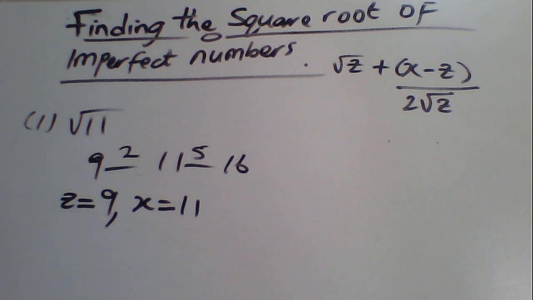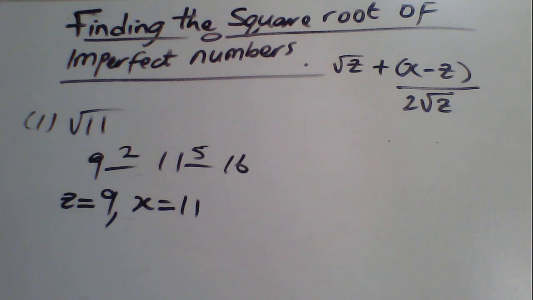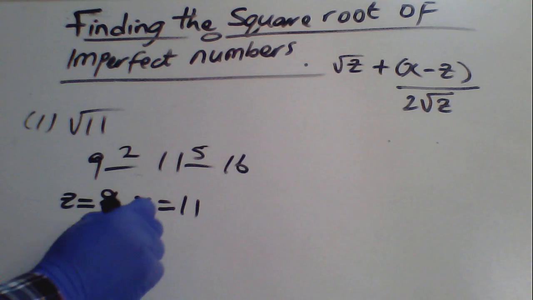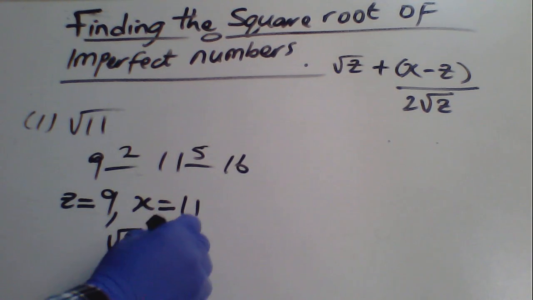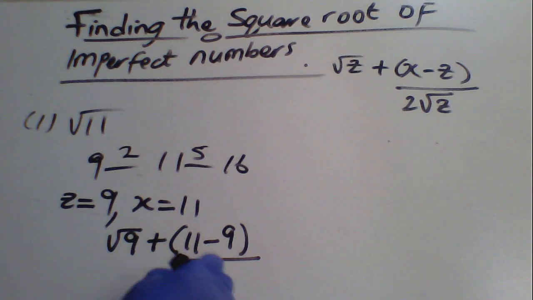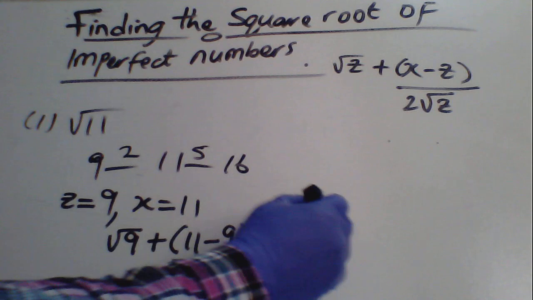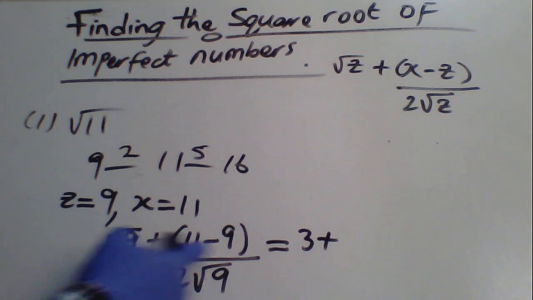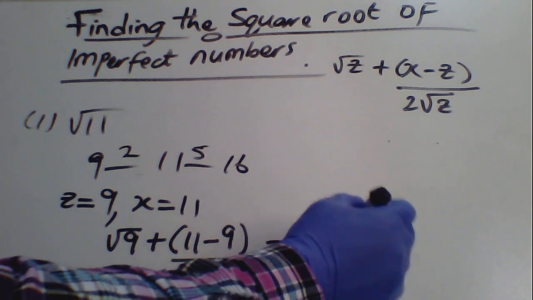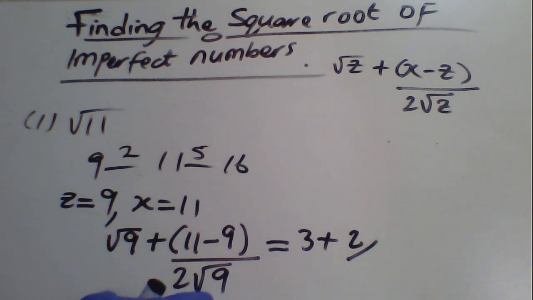11. So with this formula, all you need to do is to put the values in the formula, which gives us the square root of 9 plus in bracket 11 minus 9 divided by 2 the square root of 9. So from here we have 3 plus 11 minus 9, which will give us 2, divided by the square root of 9, which is 3. 3 times 2 will give us 6.